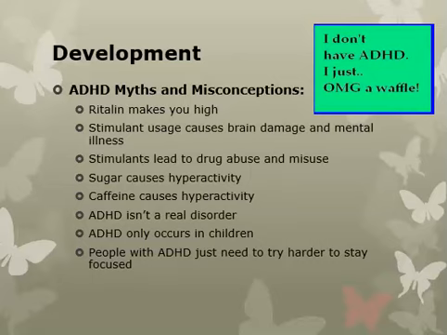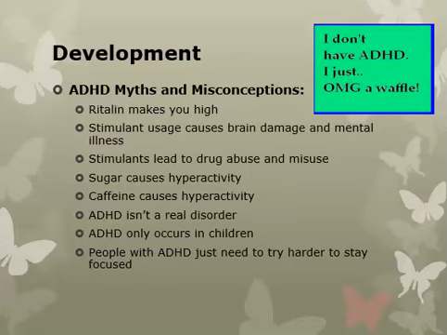misconceptions. And here they are. Ritalin does not make you high if you have ADHD. It does not cause brain damage or mental illness. I will tell you that if you give a child with ADHD who has not done anything with cognitive behavioral therapy, or who has not had medication to benefit them, an IQ test, they are going to score very low.